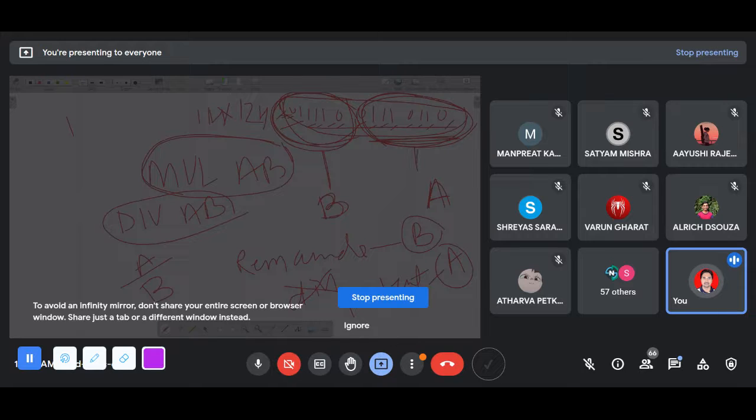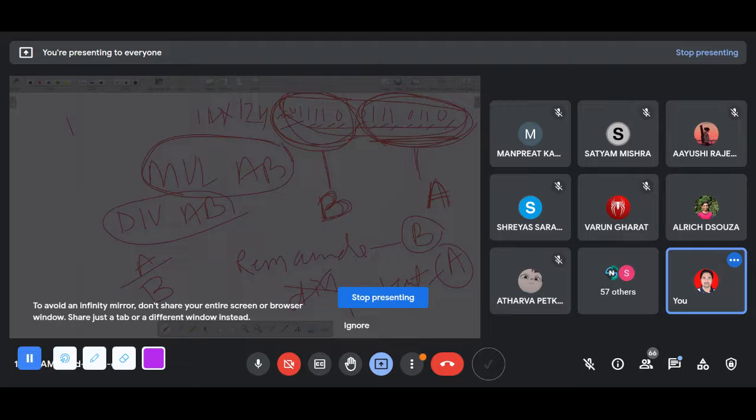So the lower 8 bit will be stored by default in the A register, and the higher 8 bit will be stored in the B register. That is what it means. Now understood? Yes, sir. Okay. Any more questions? No, sir.